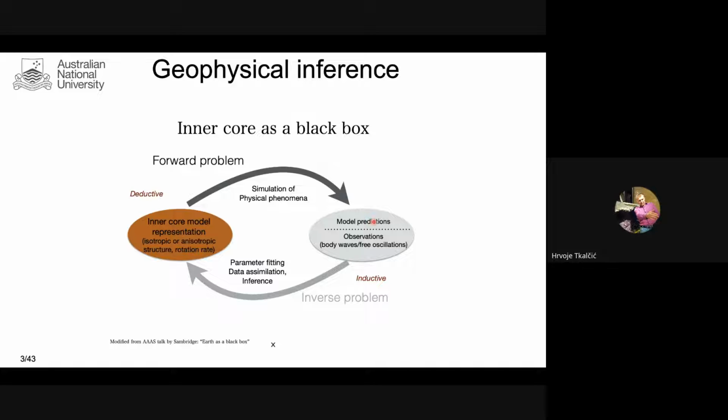If they match, we are happy, we accept the model. If they don't match, we go through the inverse problem, basically, which is an inductive process. And then we fine-tune our predictions until we are happy with the observations. And this is how geophysical inference works in many applications, not just seismology.